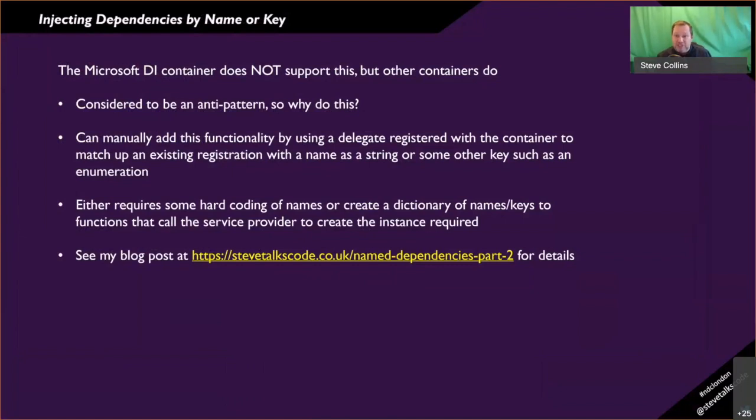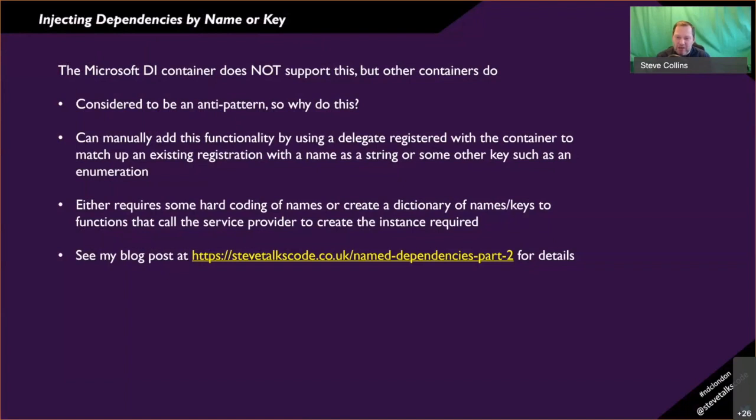A feature that is supported by other containers, such as Autofac, is being able to specify a dependency to be resolved by the container using a string name or key. Now, it's considered a bit of an anti-pattern because it comes back to the idea that your application code shouldn't know about the container's mechanics. But what if you could get your container to do it with the class having no knowledge of the container whatsoever?